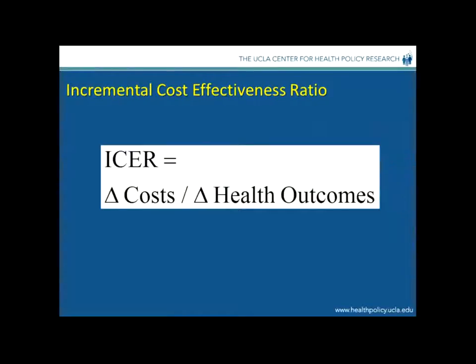So if we're doing a comparison, and generally if there are more than two options, we're doing pairwise comparisons. The ICER would be the cost of B minus the cost of A, divided by the health outcomes of B minus the health outcomes of A, in its most simple form.